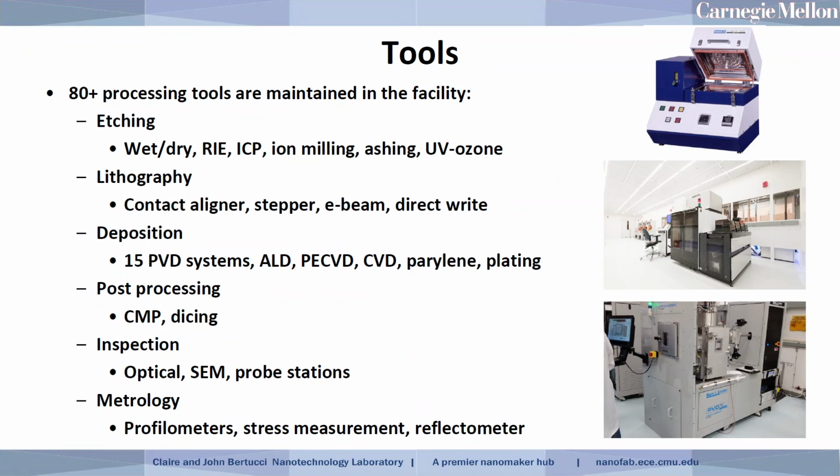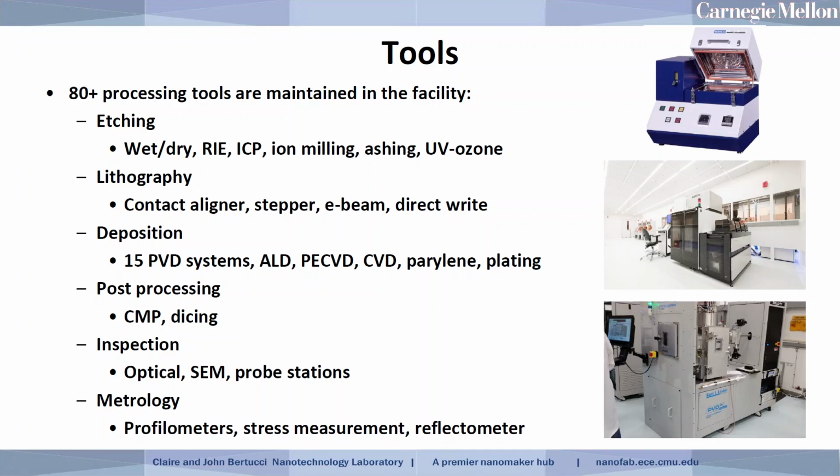I want to give you a quick overview of some of the tools in the lab. By no means is this going to be a complete, exhaustive list of the tools and capabilities that we have, but it should give you a pretty good idea. So we have more than 80 processing tools that really span the gamut of fab processing, including etching, both wet and dry etching, milling, ashing, ozone treatment, and functionalization of surfaces.